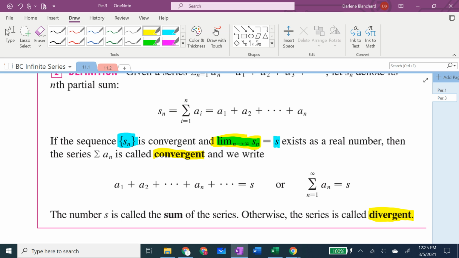So convergent and divergent is about whether there is an answer to the limit as n approaches infinity of, very important, the nth partial sums, not the formula for the individual terms, because that's a whole different ballgame. You are convergent with your infinite series if there's an answer to the limit of the nth partial sums.